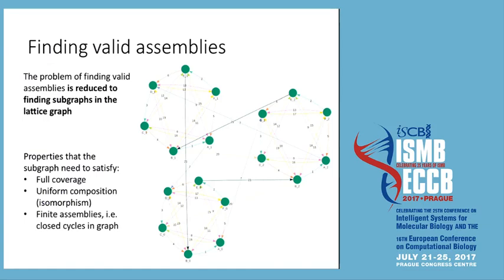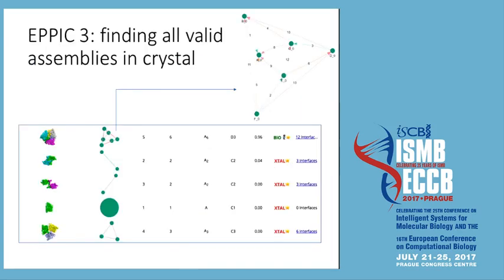We enumerate a series of rules: full coverage, uniform composition, and finite assemblies. Finite assemblies means that the subgraphs must be closed cycles, so there must be closed cycles in that subgraph for the assembly to be valid. That's what we did in version 3 of the EPPIC software.